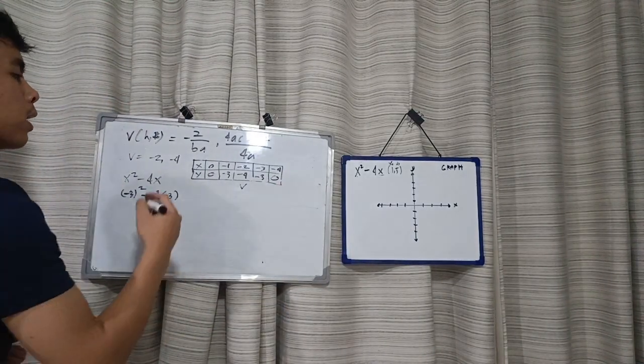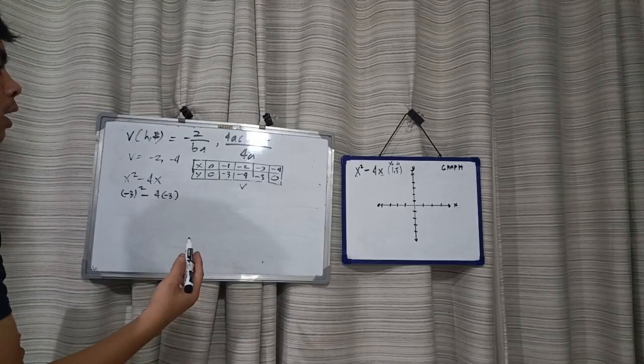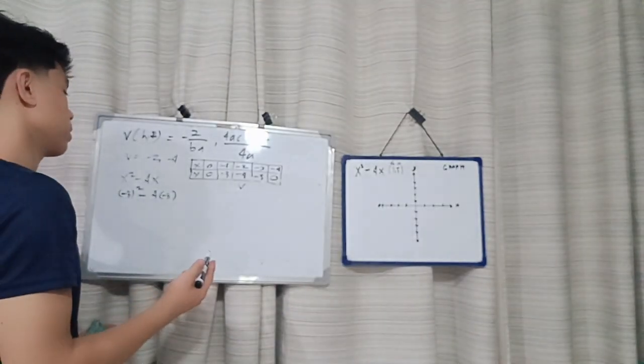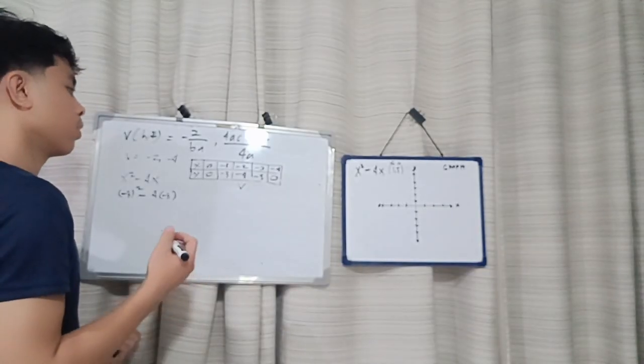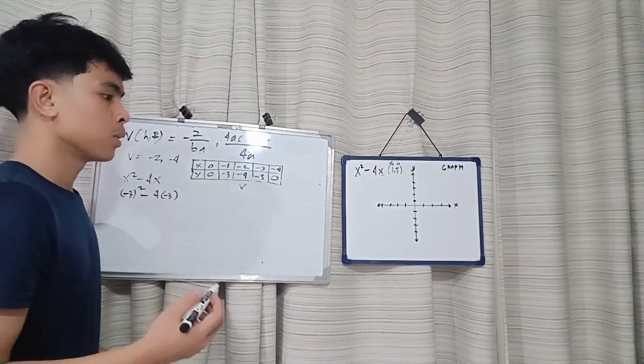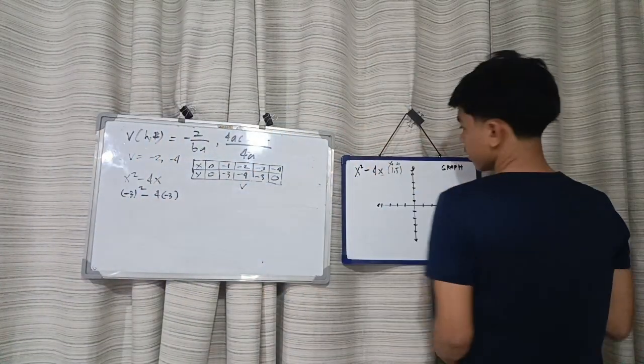Now that we see that our vertex is okay, we can proceed to our graph.